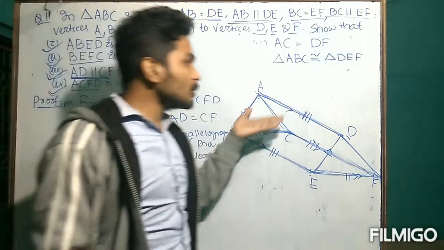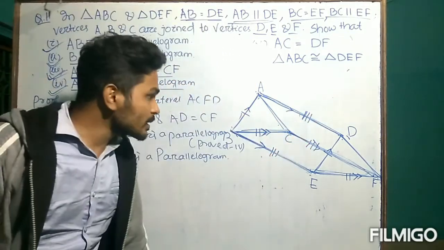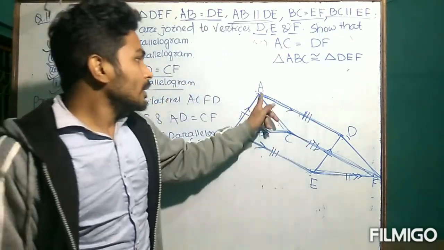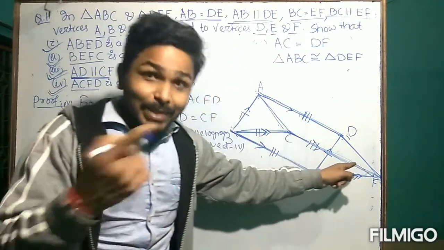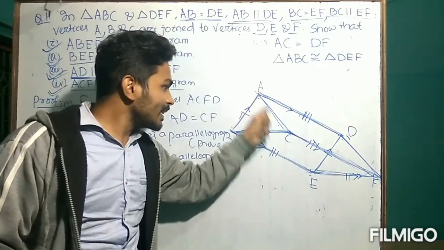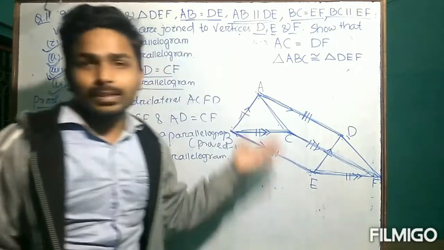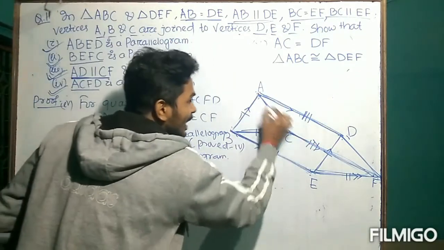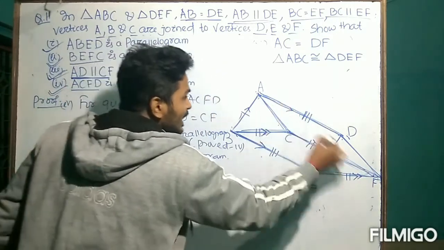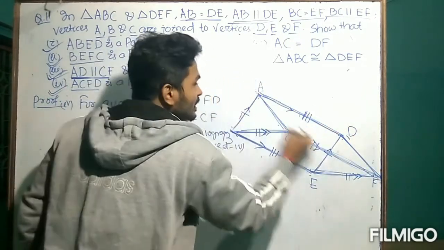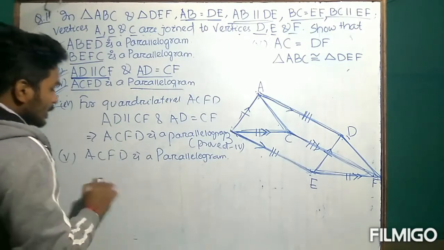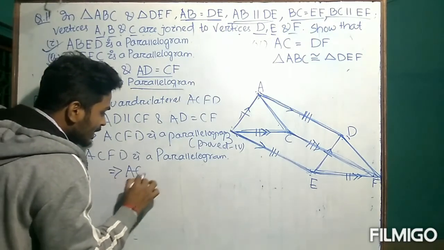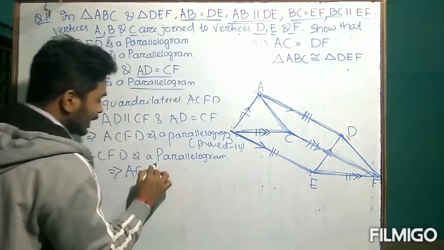So in this parallelogram we know the pair of opposite sides are equal as well as parallel. So this side is equal to this side, as well as this side is also equal to this side, because they are pairs of opposite sides. So we can write that this side of the parallelogram ACFD is equal to this side of this parallelogram. So we can write AC is equal to DF.